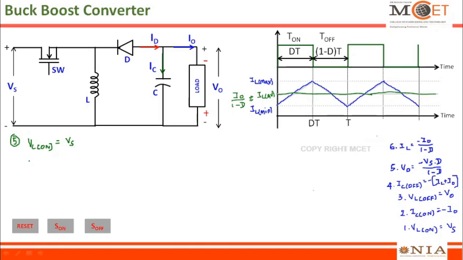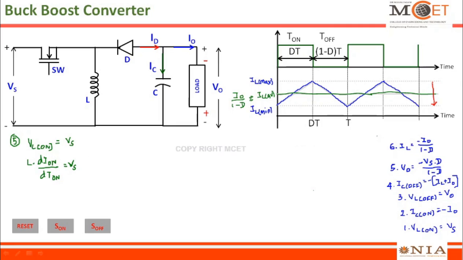We know that the inductor voltage can be written as L into di on divided by dt on, which is equal to Vs. We already saw in the previous two derivations that the ripple current is nothing but this value.